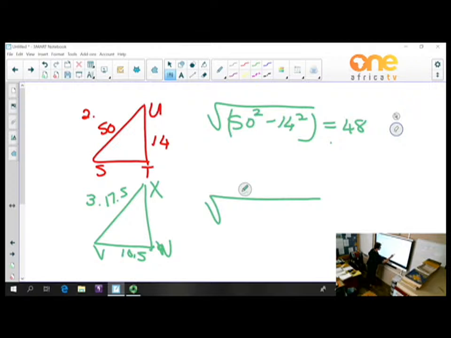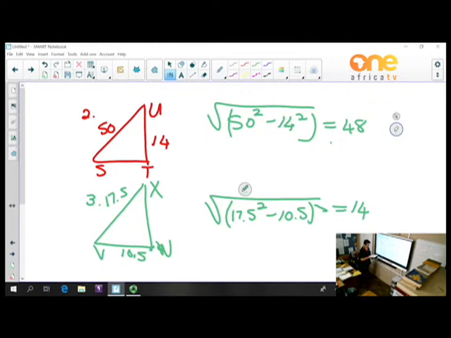So it is again a subtraction sum, 17.5 squared minus 10.5 squared. And we use our calculator, so it's the square root of brackets 17.5 squared minus 10.5 squared, close, is equal to 14.